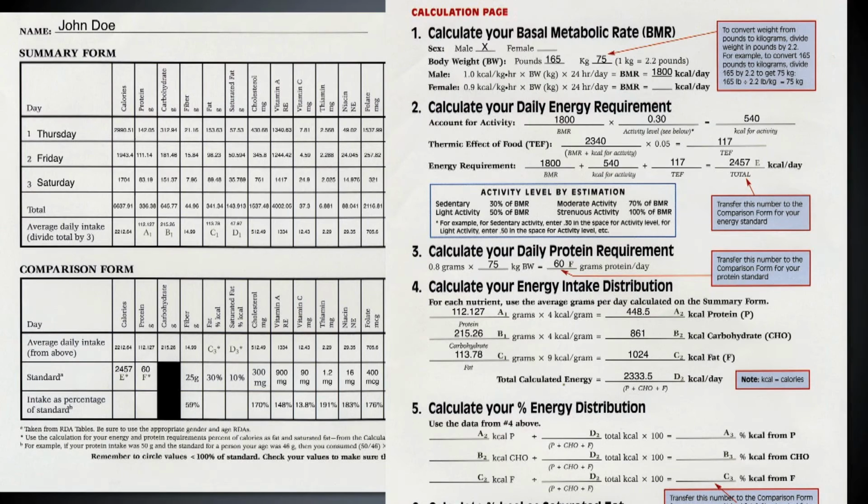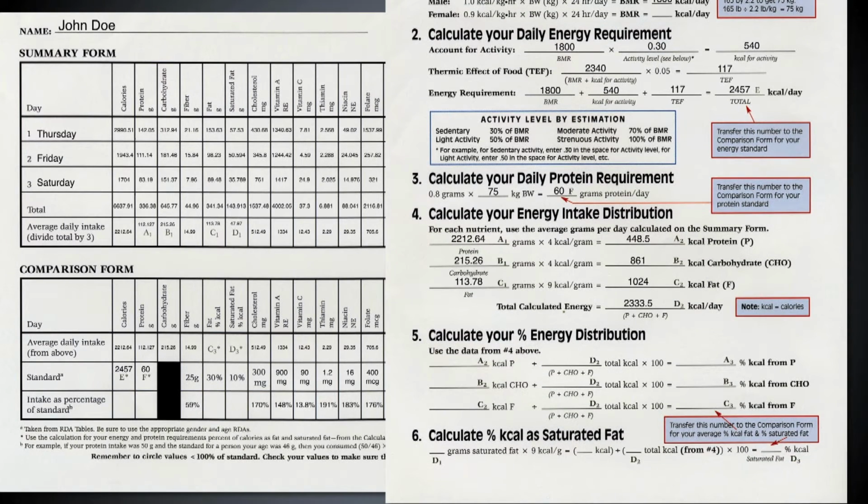Next, calculate your percent energy distribution on step 5 by transferring A2, B2, and C2 and dividing it by D2, and then multiply by 100 to get A3, B3, and C3. Remember to transfer C3 onto your comparison form. Now, calculate your percent kcals as saturated fat on step 6.